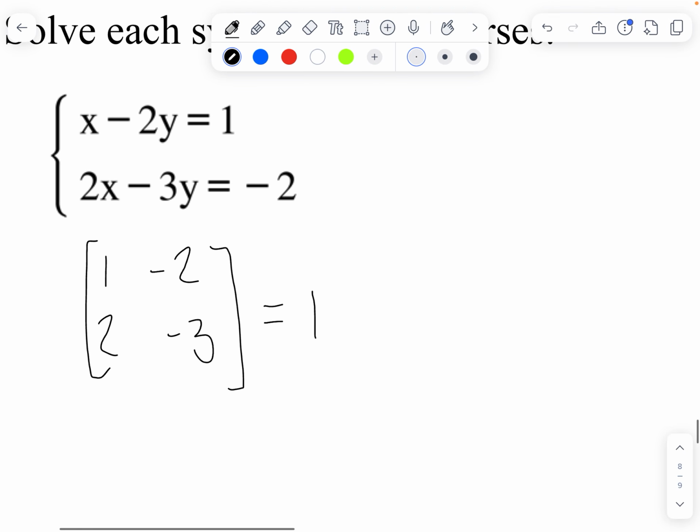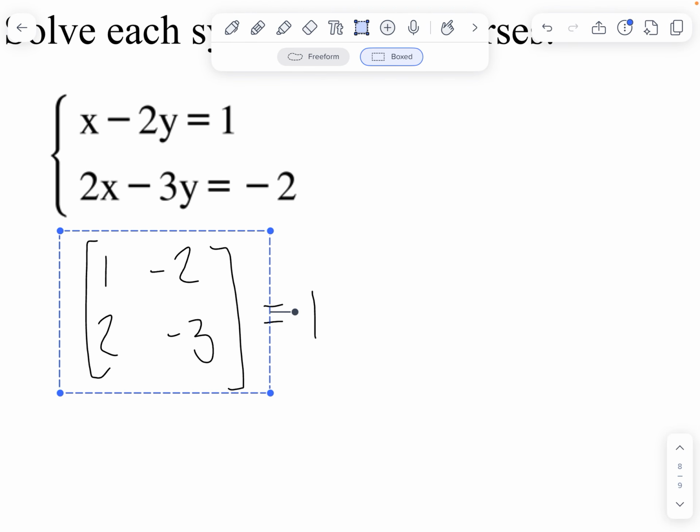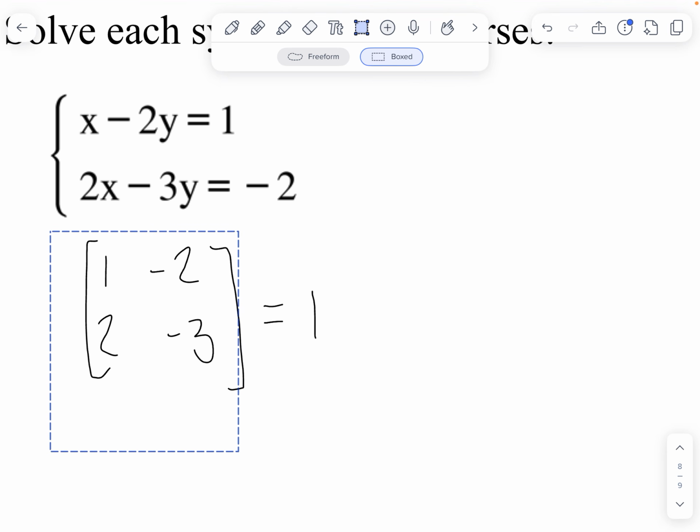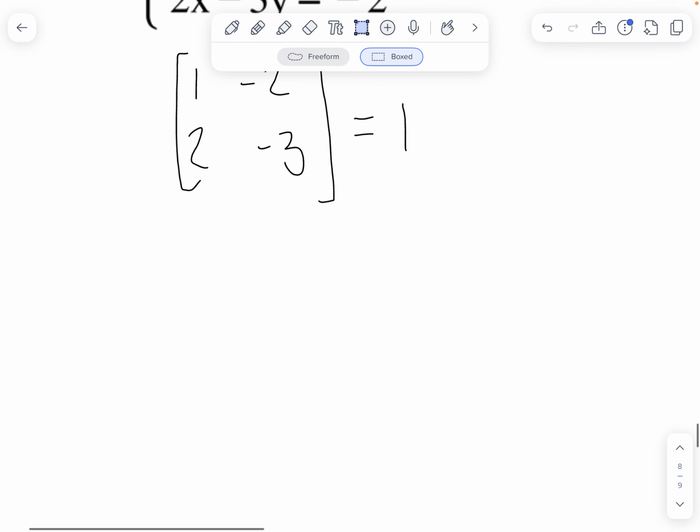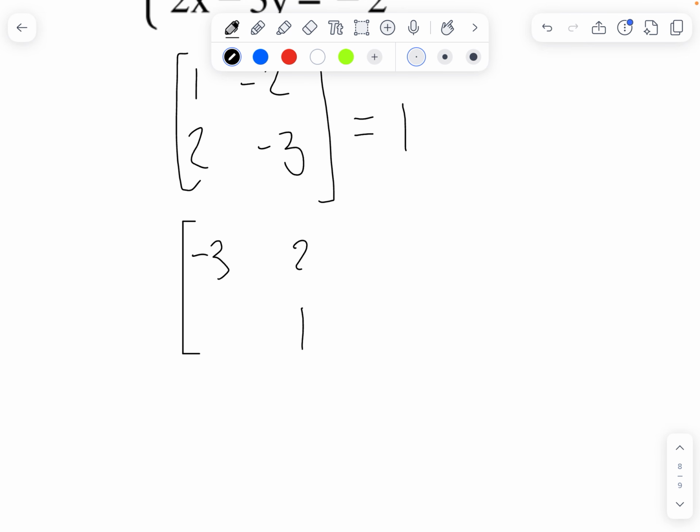So our inverse is not the same thing, because you have to do the switcheroo. Anyways, it's -3, 1, 2. No, that's 2. 2, -2, 1.